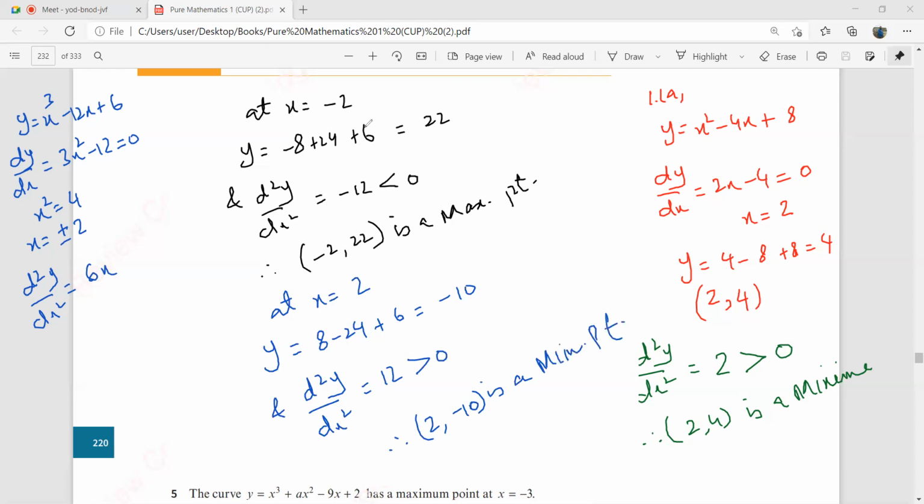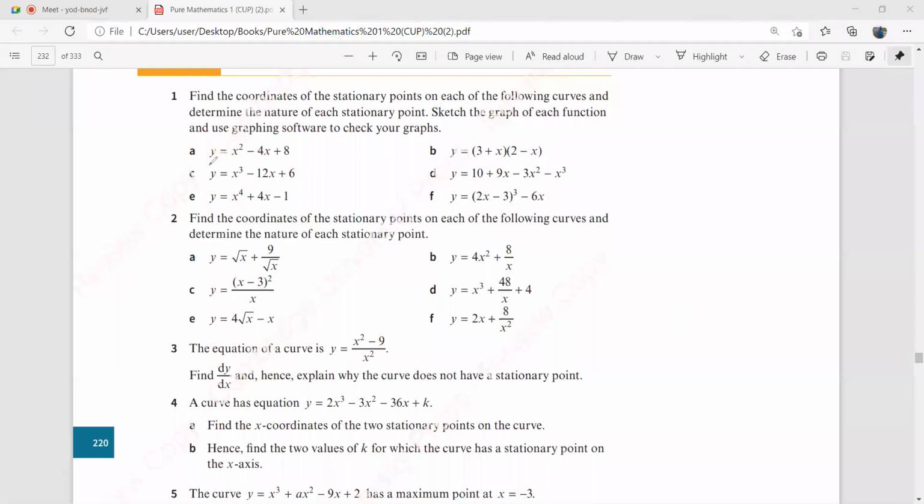So this is all the working that you guys need to do. If you look at the different parts of this question number 2, the story is the same. You find dy by dx equal to 0, you get the x coordinates, okay? You find the second derivative.